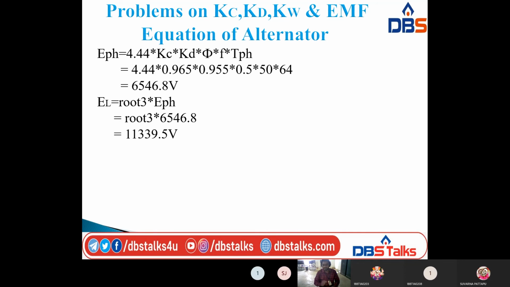So substitute all values into this. So 4.44 into the pitch factor, that is 0.965, into the distribution factor 0.955, into flux 0.5, into frequency 50, and T phase 64. After simplifying this, we have 6546.8 volts. This 6546.8 volts is the phase EMF, that is the induced EMF.